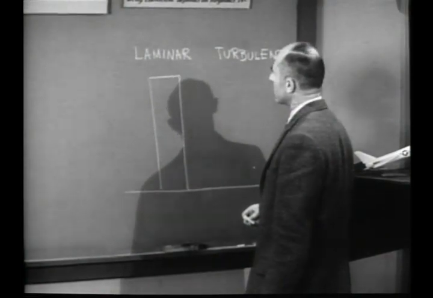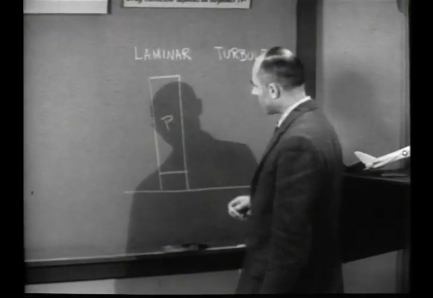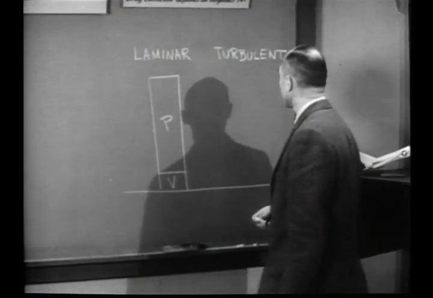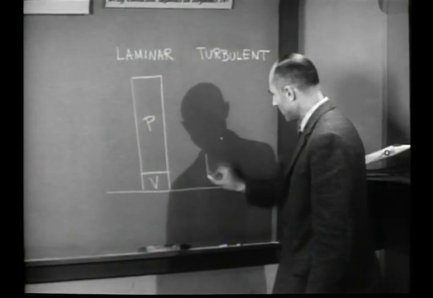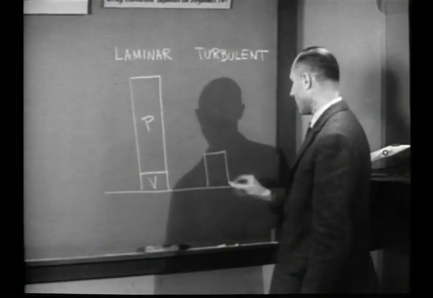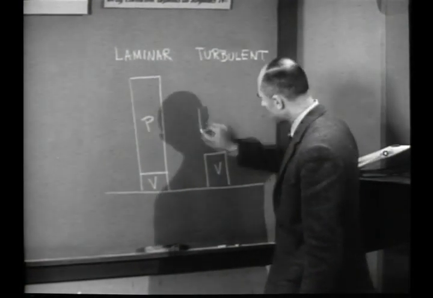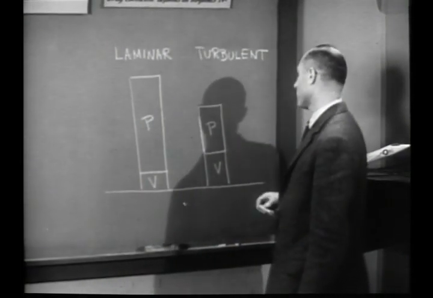With a blunt object, most of the total drag is pressure drag, and only a small fraction is viscous friction drag. But when we have a turbulent layer, the friction drag is greater than for the laminar case. The pressure drag, however, is considerably less because of the reduced area of the wake.